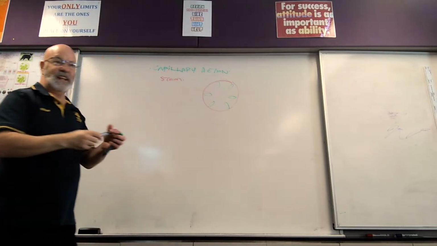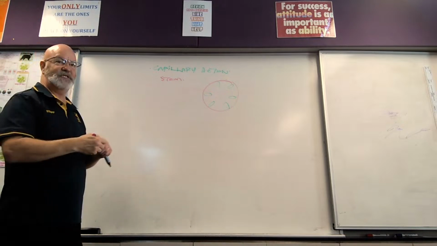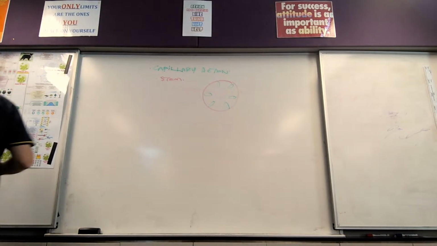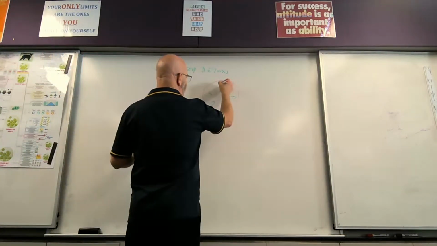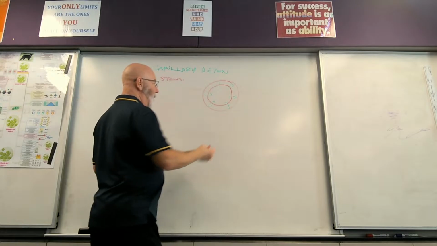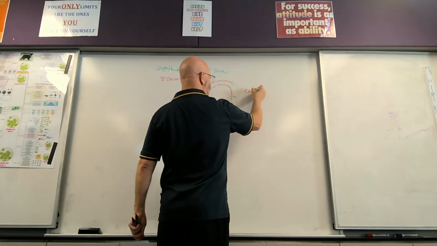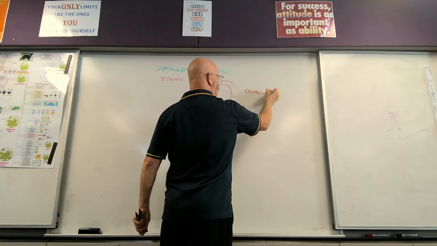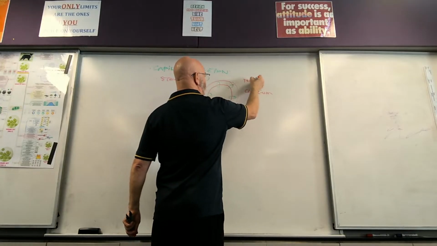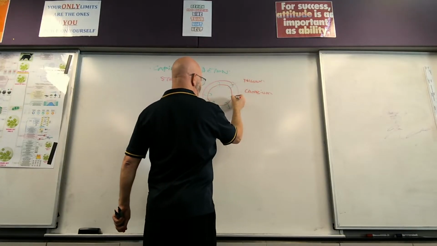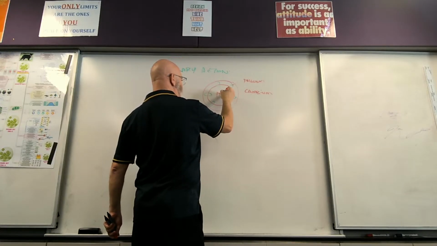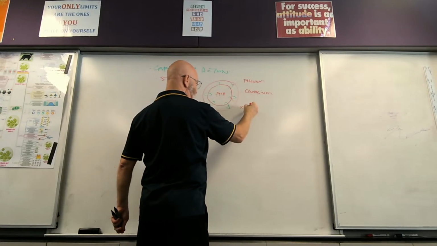There is a layer in the stem that separates the xylem and phloem, that runs through, and that's called the cambium. The phloem is on the outside, and on the inside, what we call the pith, is the xylem.